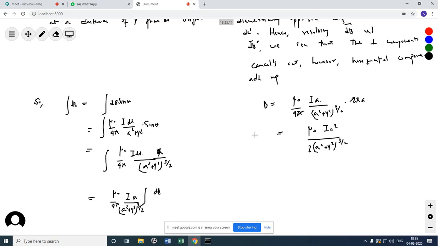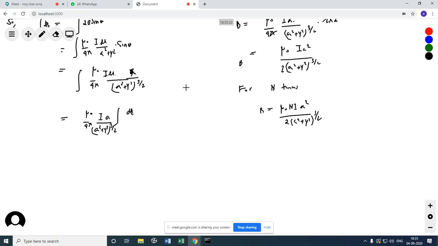Oh, see why I am writing cos, it was sin theta, na. dB sin theta, this is why the sin theta components are adding up. So this is sin theta. So this one will be mu naught by 4 pi I dl, a perpendicular by hypotenuse. So this should give me a by a square plus y square to the power 3 by 2. Yeah, then integration of this one.